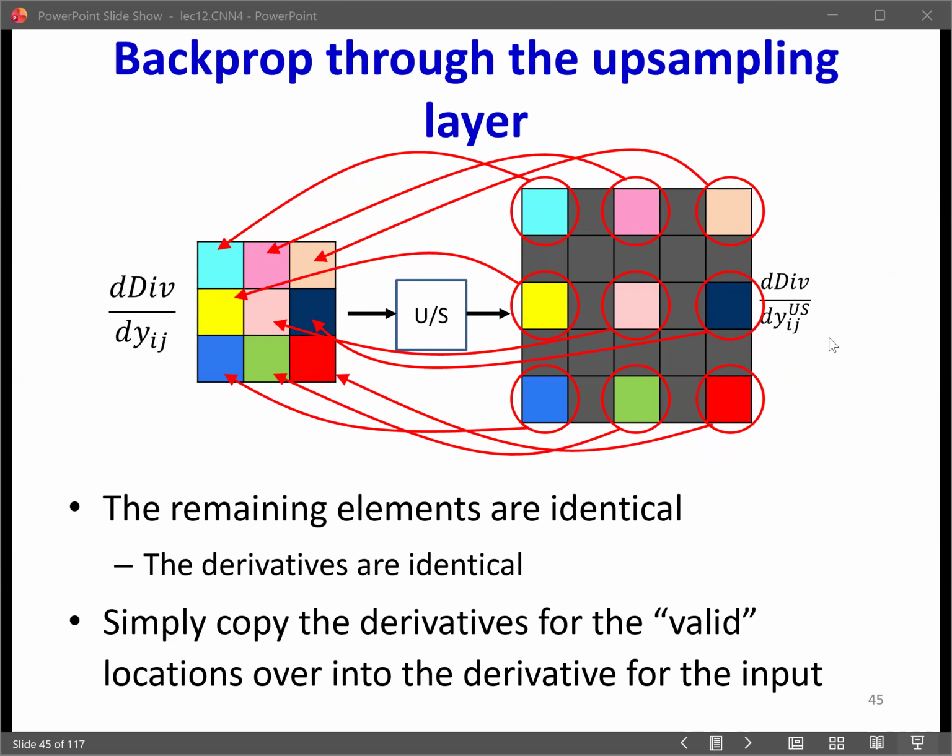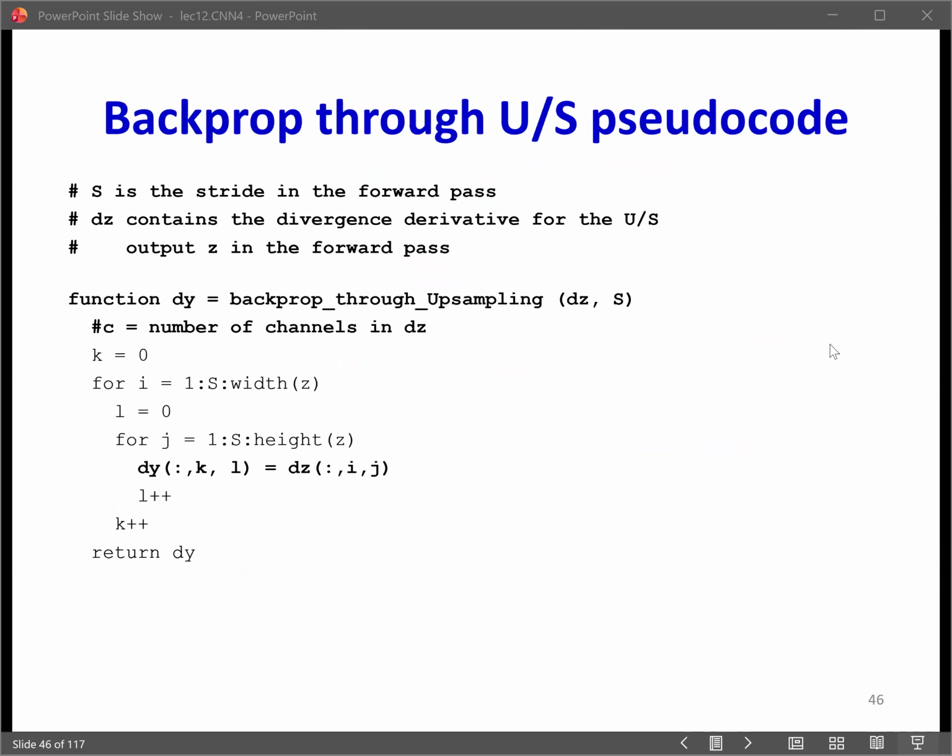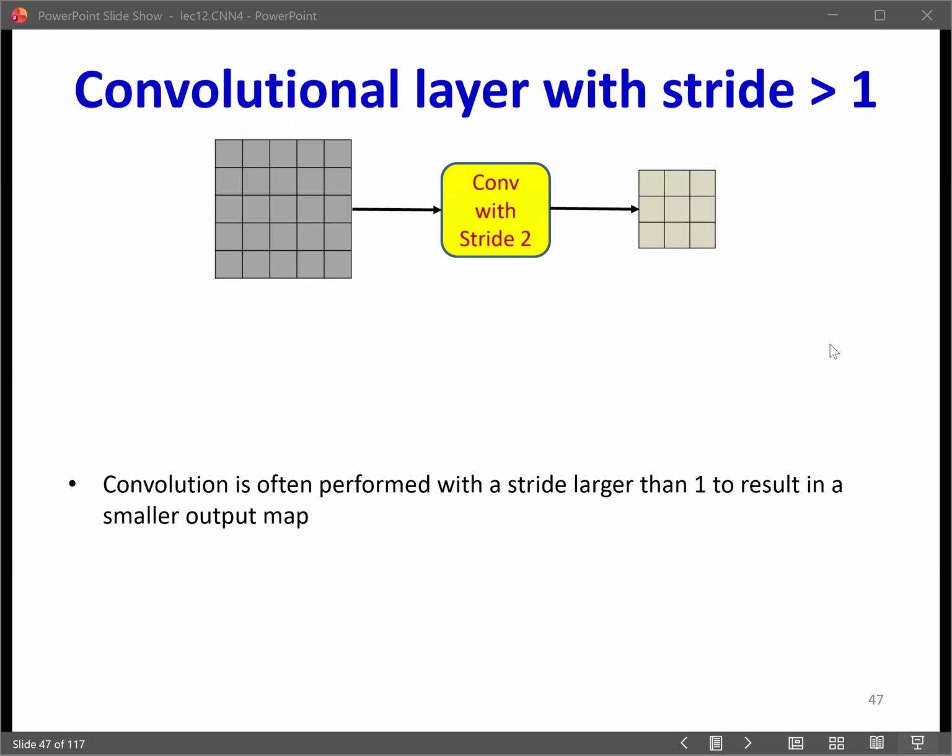I'm assuming so. Now, typically, you don't actually perform explicit downsampling. You're going to perform convolution or pooling with a stride, which is effectively performing convolution with downsampling.